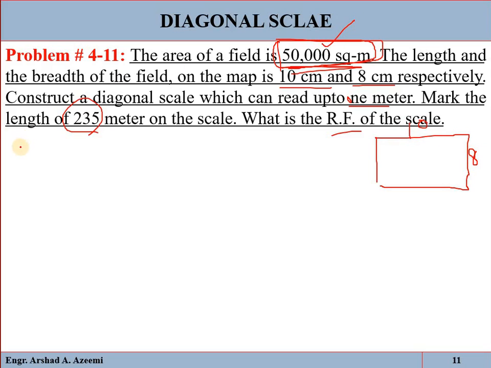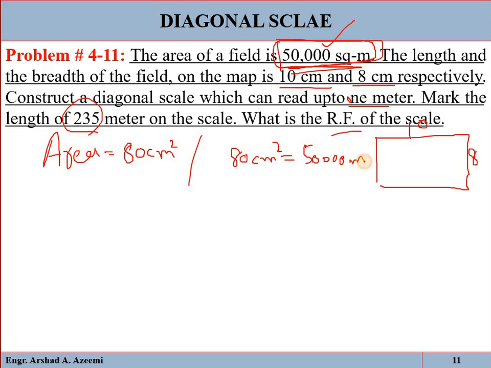So what will be the drawing area? 10 multiplied by 8, that will be 80 square centimeter. Now the scale is 80 square centimeter of the drawing equal to 50,000 square meter in reality.